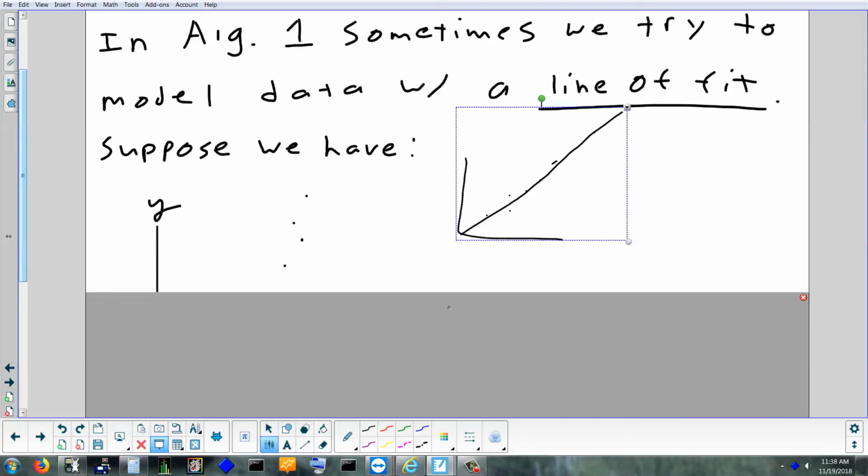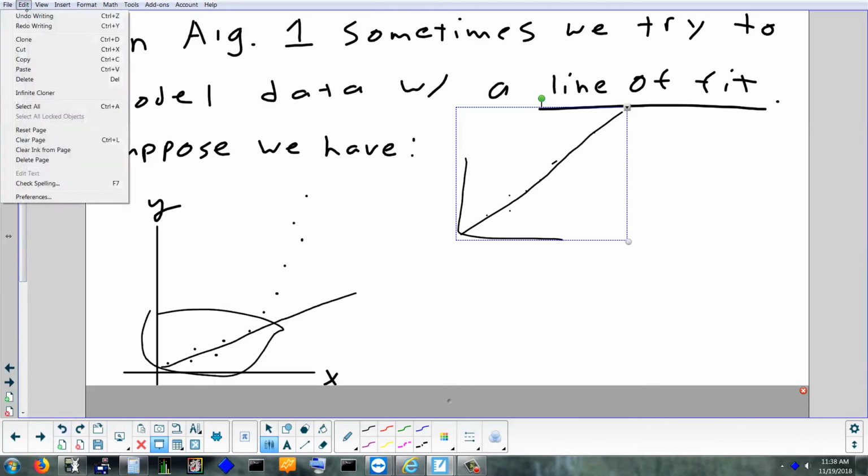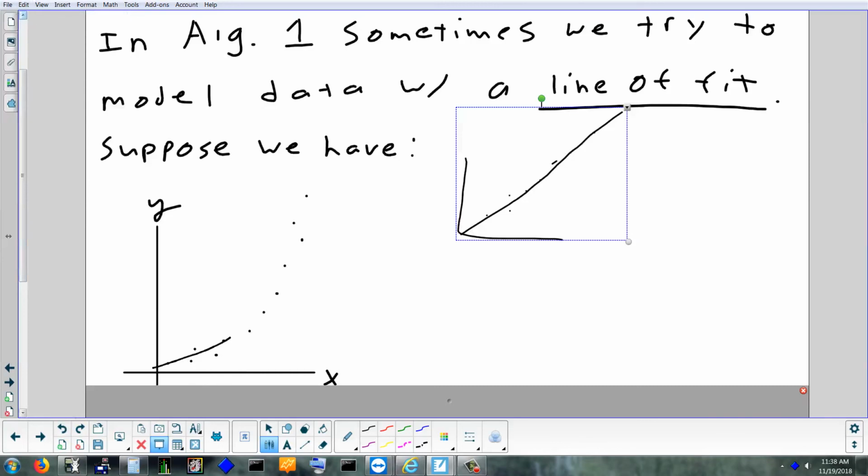And lines are good if your data looks straight, but data like this, it wouldn't be good to use a line. Line might be good for the bottom part. I'd say it's pretty accurate in that section. But if you use that line to continue what's going to predict later on, it's way off. Okay? What we should use here is a curve. So something more like this. That's a better predictor of our data.